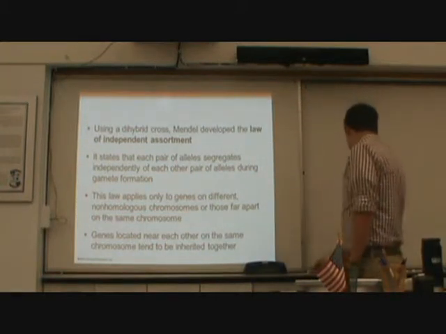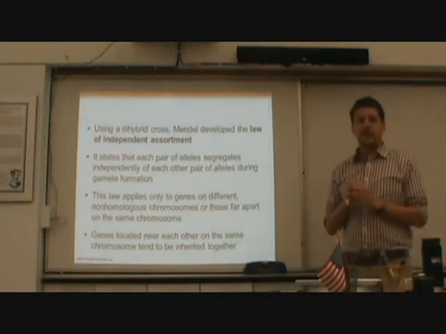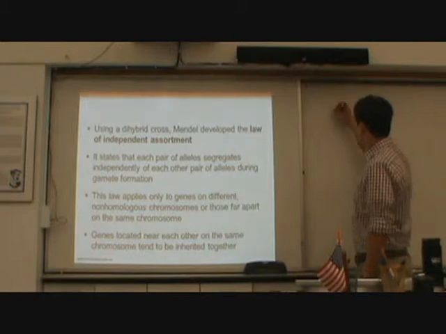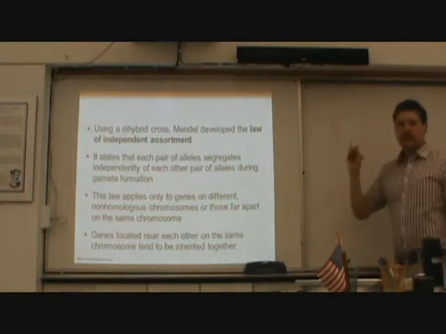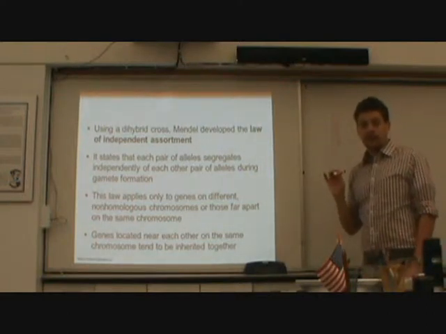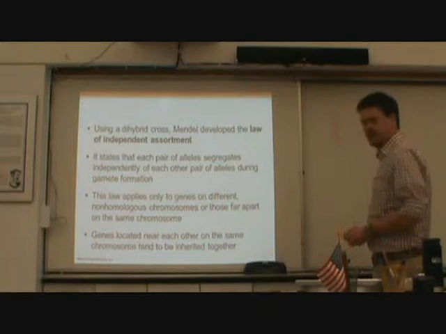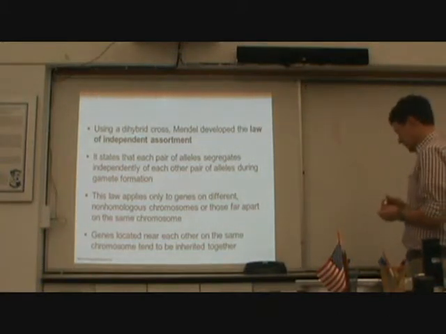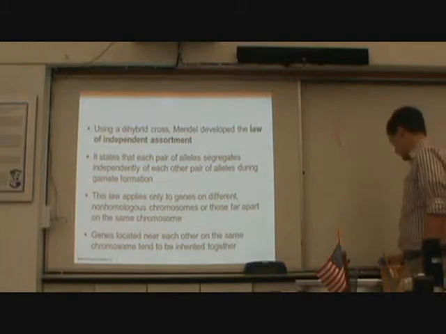Because, let's draw this out really fast, you remember that we have crossing over happening, right? So if we had a chromosome made up of 2 sister chromatids, and you have genes that are very far apart from each other on the same chromosome, I hope you guys can see this. Can you see this here? It might not be dark enough.